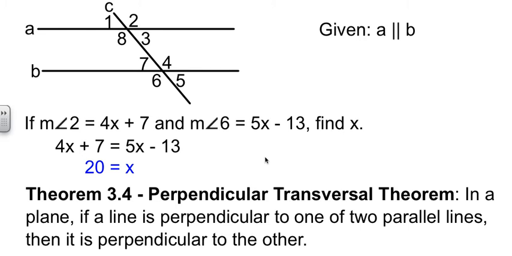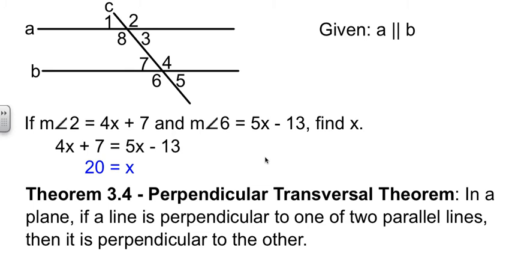One more idea here with transversals and parallel lines is the perpendicular transversal theorem. Fancy name for something that's pretty much common sense. If a line is perpendicular to one line out of a parallel set, then it's going to be perpendicular to the other lines in a parallel set.